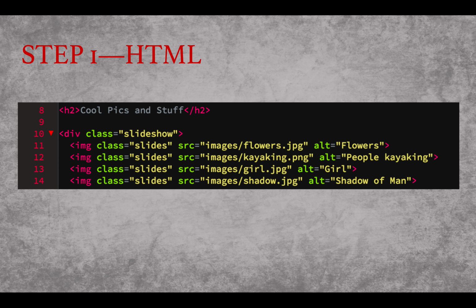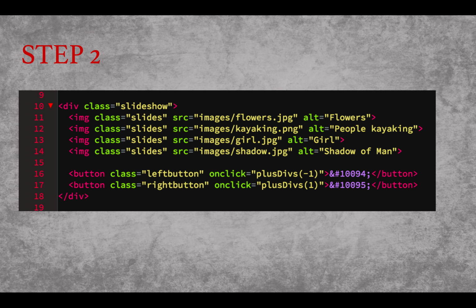And before closing the div tag, you want to add some buttons as well. So I added classes to my buttons, left button and right button, mostly so I could tell them apart. And on your right button, you might want to add an ID as well. It just makes positioning in CSS a lot easier later on. I added one. And so for the left button, that is the button that's going backwards.